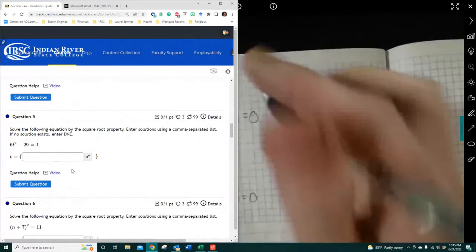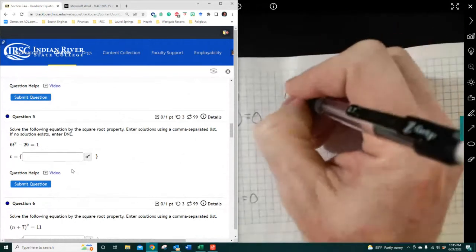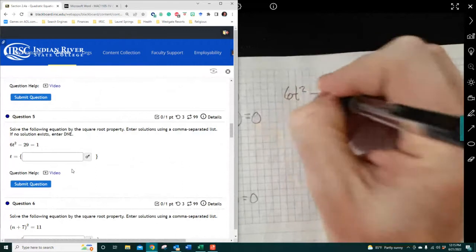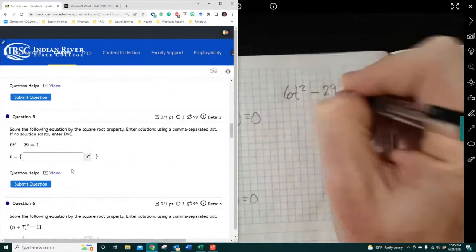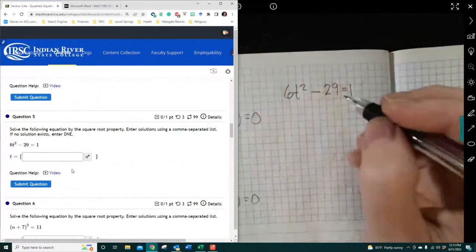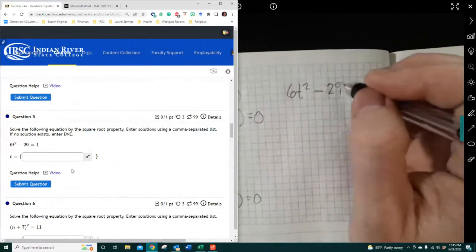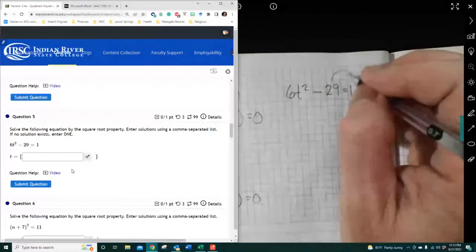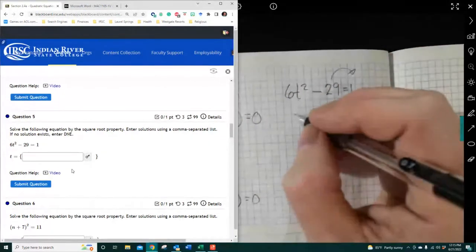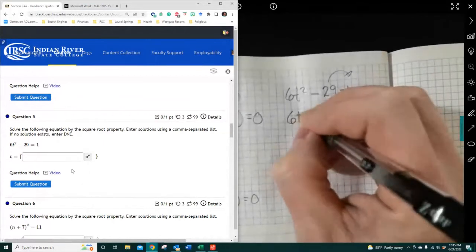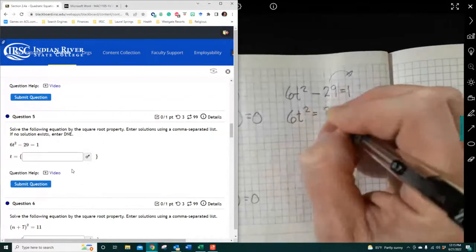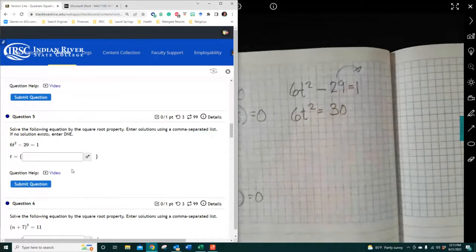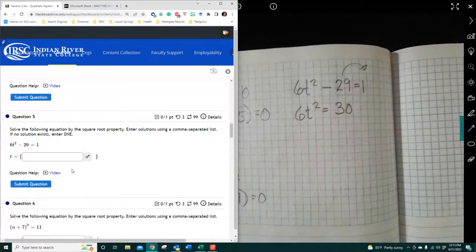Now let's take a look at this one. So we have 6t minus 29 equals 1. We don't have a variable with this one, so we're going to go ahead and bring this over to the other side, make it become 30, because 29 added to 1 is 30.